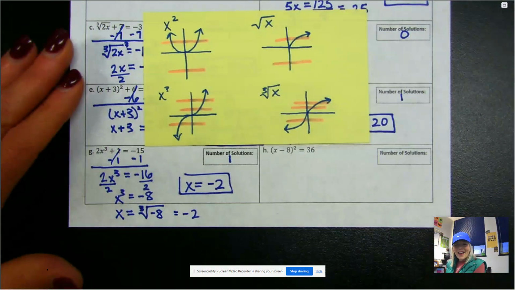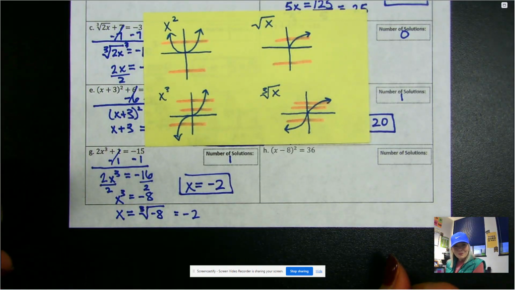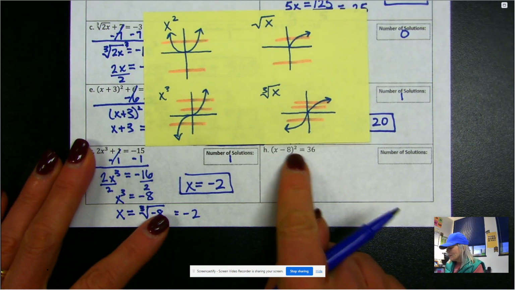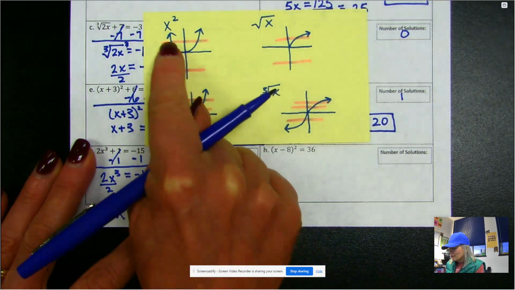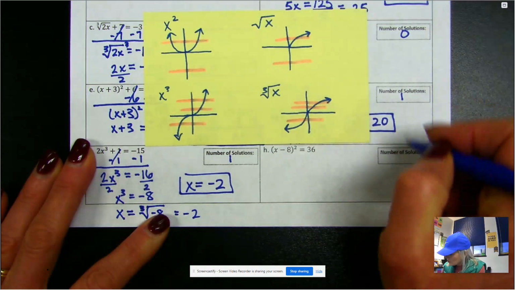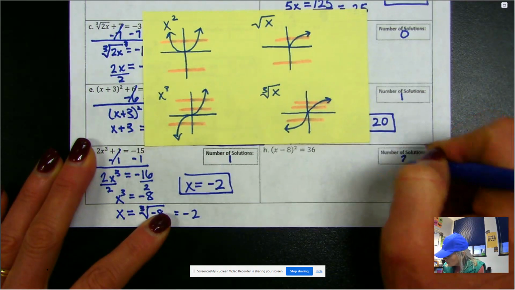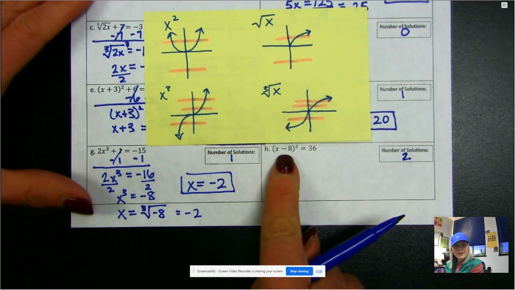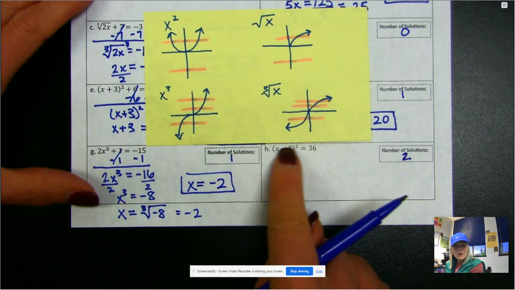And we're on the last problem. Okay, so we've got something squared equal to a positive number. So we're going to have two solutions. And let's see that the squared part of the equation is already on its own side of the equal sign. So it's already isolated. We can go ahead and use a square root.